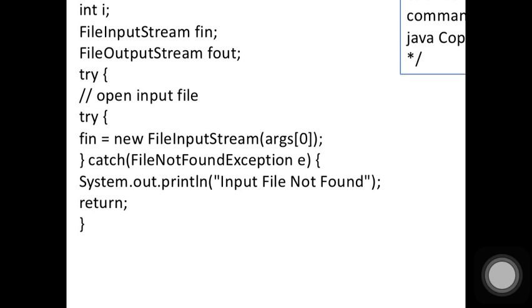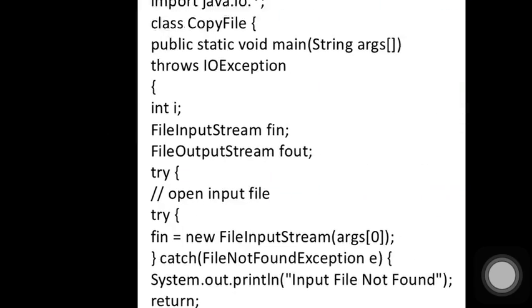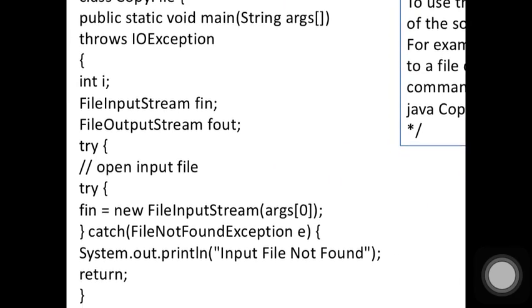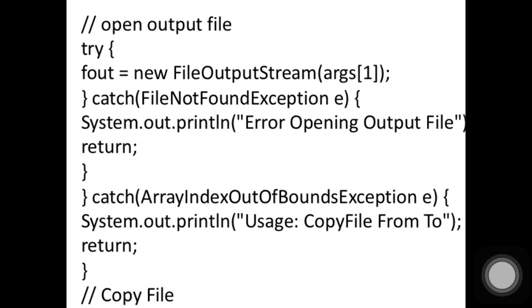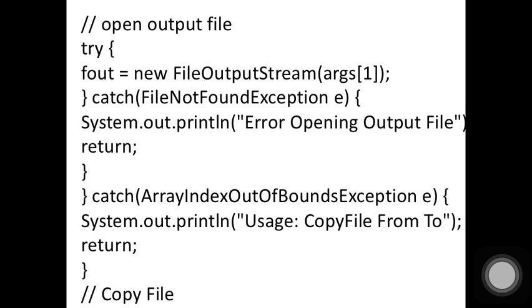So I need to receive an argument from main as the input file name, and if the file does not exist, the system throws a FileNotFoundException and returns from the application. Or else you are just showing the values. You open that for input purpose, and open one more file for output purpose.